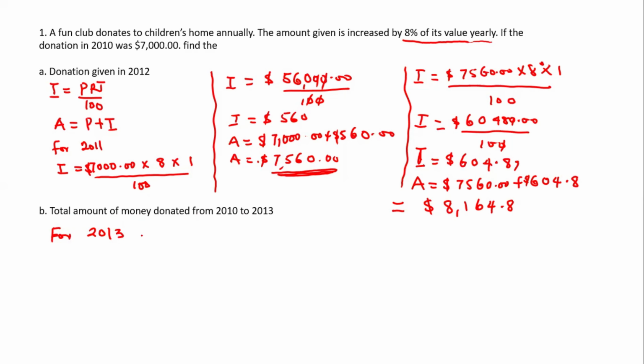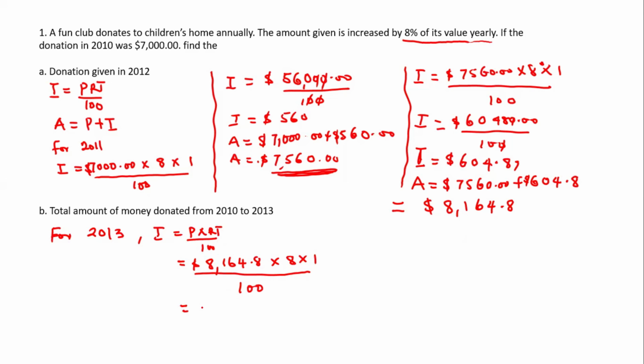For 2013, your interest is equal to principal times rate times time over 100. Our principal now is the amount donated in 2012, which is 8,164.8. Then our rate still remains 8%, and the time is 1, over 100.